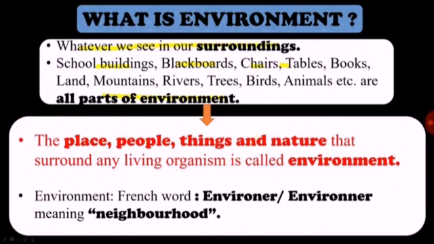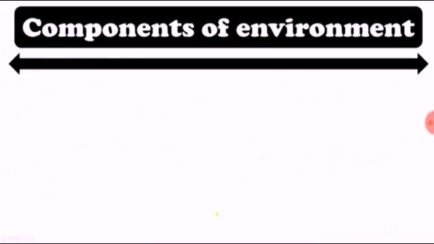In fact, the places, people, things and nature that surround any living organism is called environment. It means whatever we see and the places we see around us is our environment. So, environment is taken from a French word environnement. It means neighborhood.